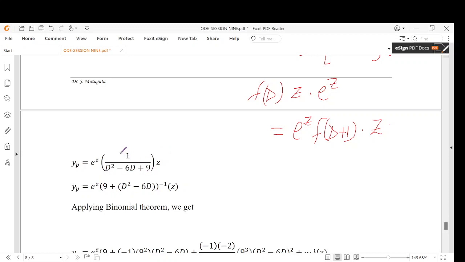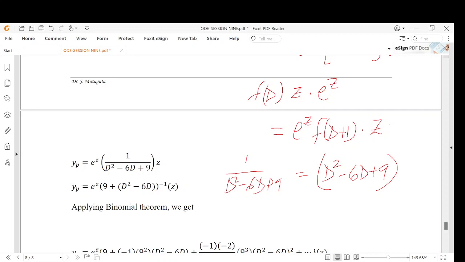When we have 1 over D squared minus 6D plus 9, we can write this as D squared minus 6D plus 9 raised to power negative 1. And we can start with 9 plus D squared minus 6D and raise this to power negative 1.